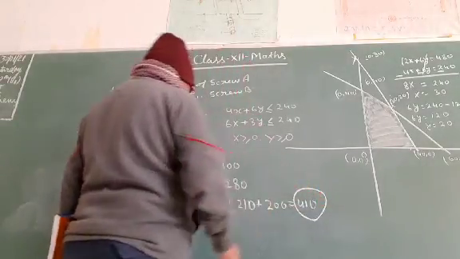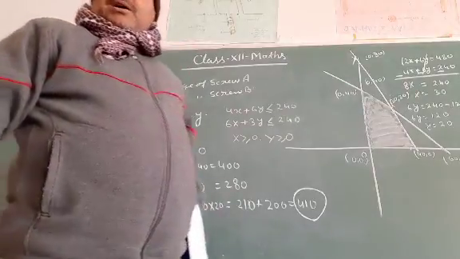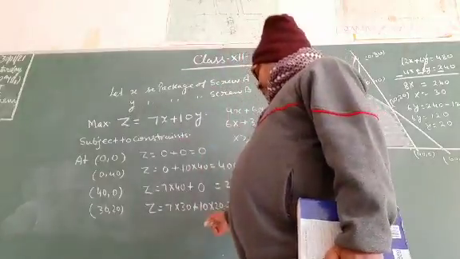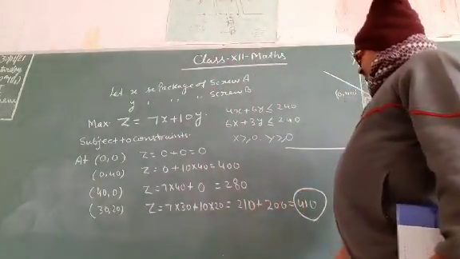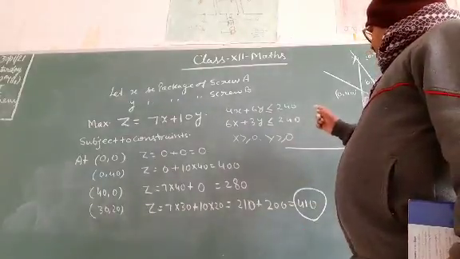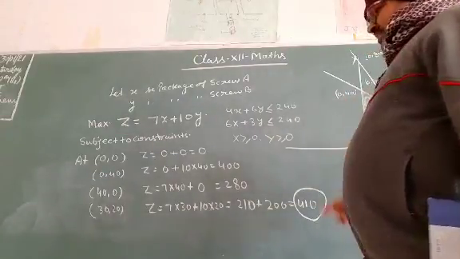So 410 is the maximum value, at the point 30, 20.